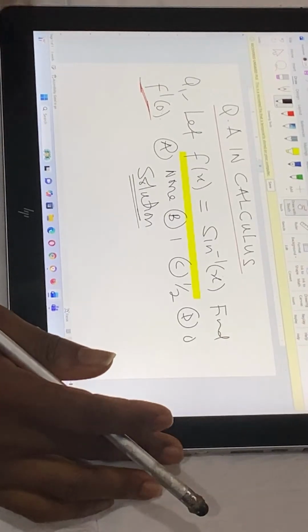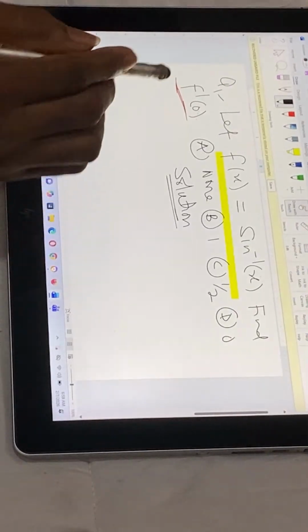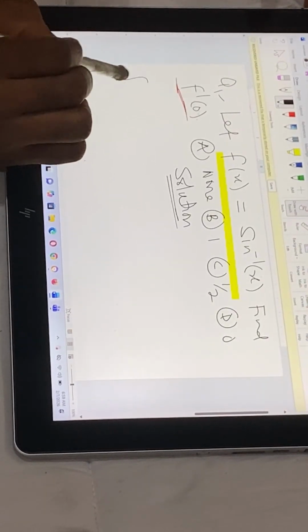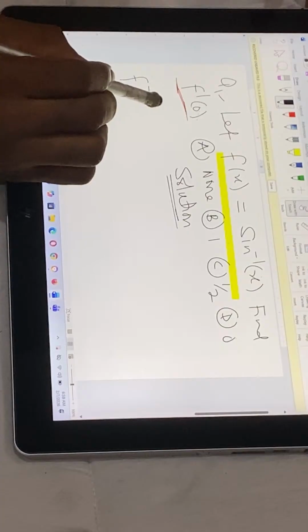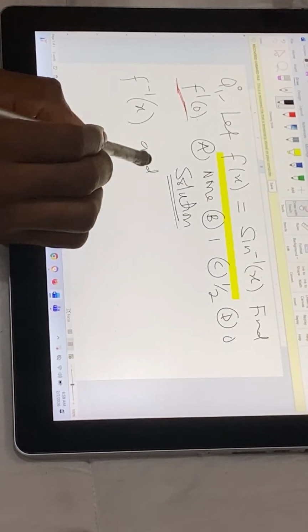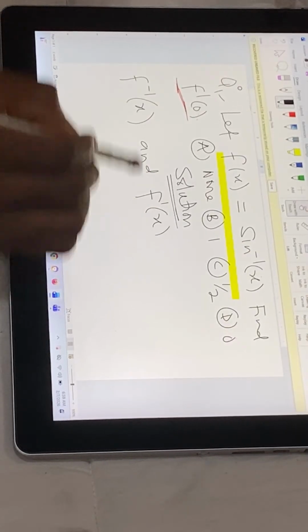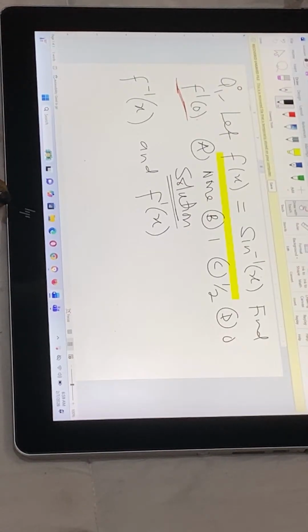Okay, whenever you are asked to find, listen to me carefully. This symbol, f raised to power minus 1 of s, and this symbol, f prime of s, are not the same. They are not the same, please.